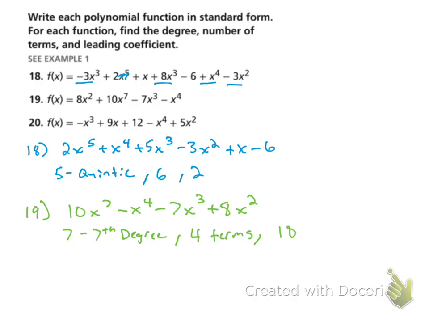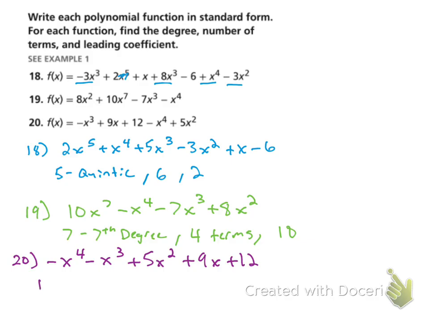And then number 20, we would have negative x to the 4th minus x cubed plus 5x squared plus 9x plus 12. So there it would be quartic.